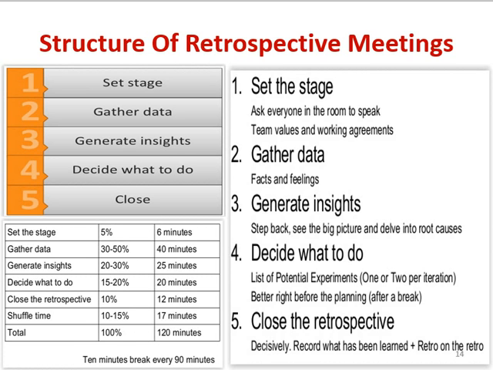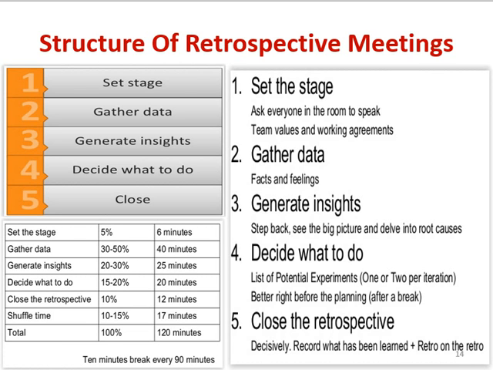The third is generate insights, which means step back, see the big picture and develop into root cause. So do a kind of brainstorming, do the deep analysis, root cause analysis, just go deep inside the thoughts to generate insights, which ultimately give you inputs for decide what to do.